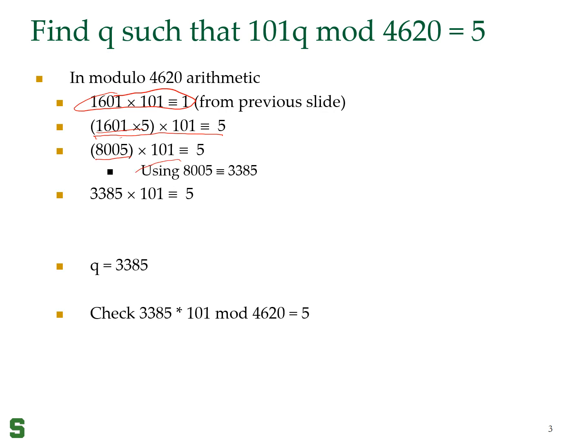Now, because 8005 and 3385 are congruent in modulo 4620 arithmetic, that basically means 8005 mod 4620 is 3385, and that means 3385 times 101 is 5 in mod 4620 arithmetic. That means the value of Q that we are looking for is 3385. You can check it by making sure that 3385 times 101 mod 4620 is 5.